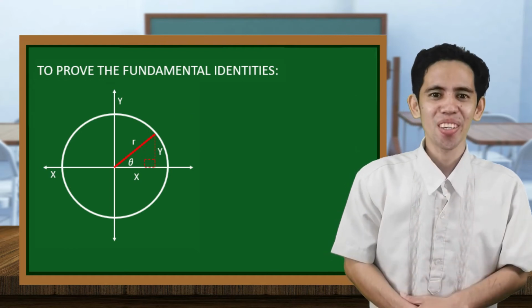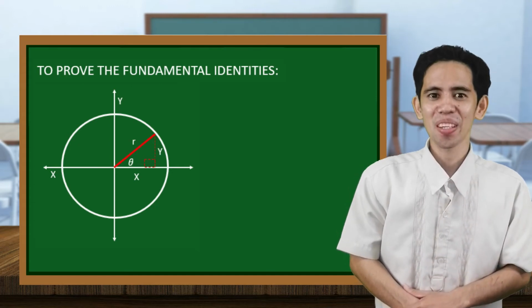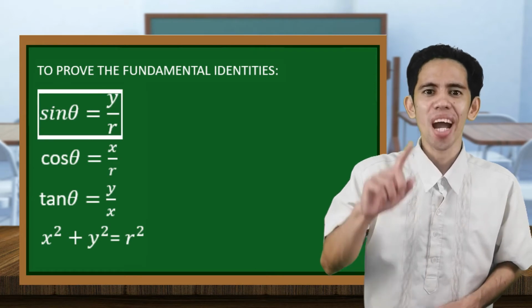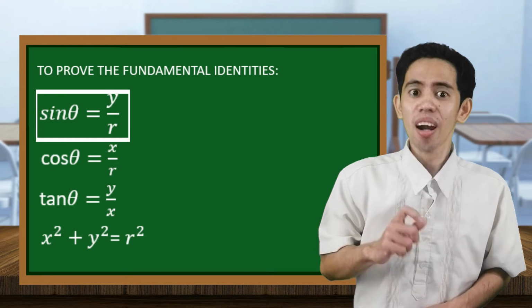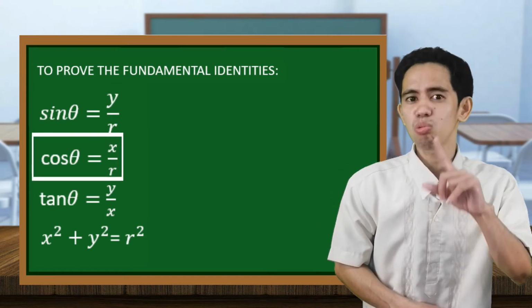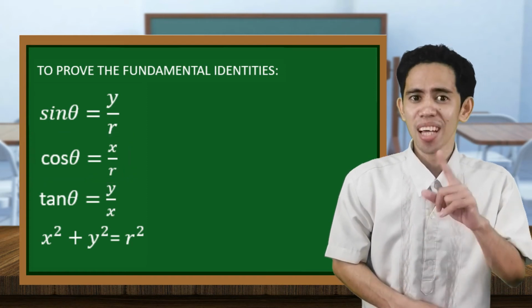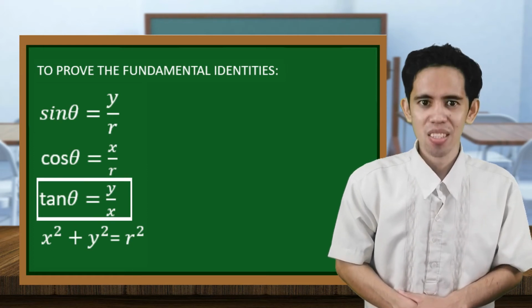Now we can identify our sine theta, cosine theta, and tangent theta. For sine theta, we have y over r. For cos theta, that is x over r. And for tangent theta, we have y over x.